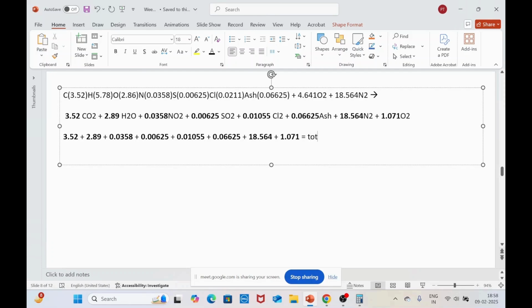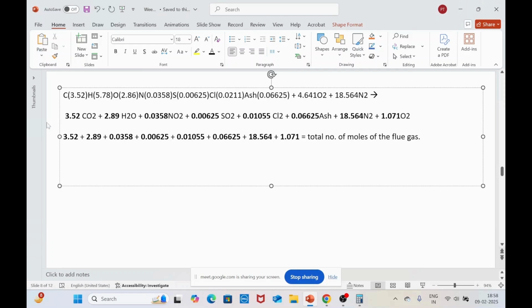So this will give you the total number of moles of the flue gas.